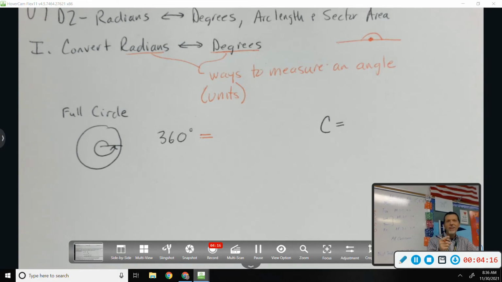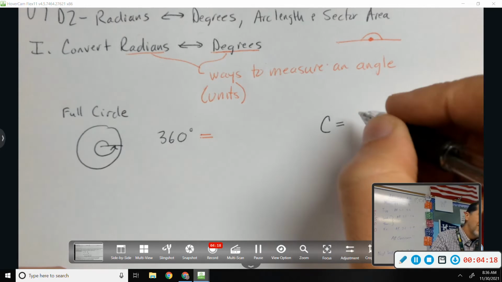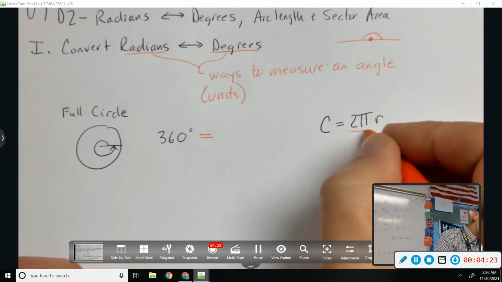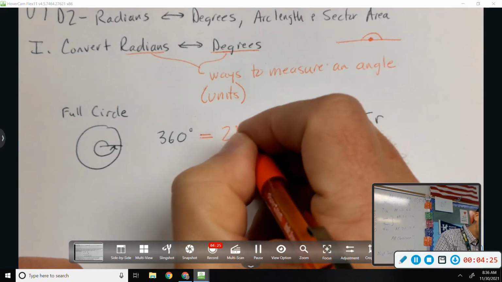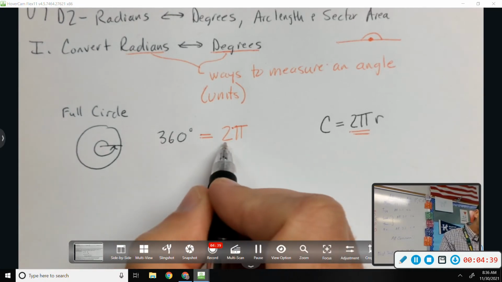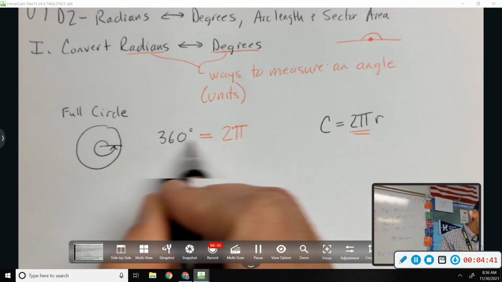So you're in the ballpark. 2 pi r. And 2 pi is how many radians there are in a full rotation or a full revolution. So it wasn't really close. But that's maybe how some people remember it.